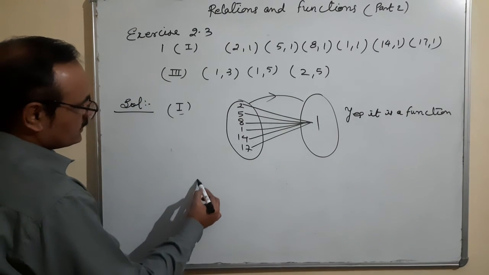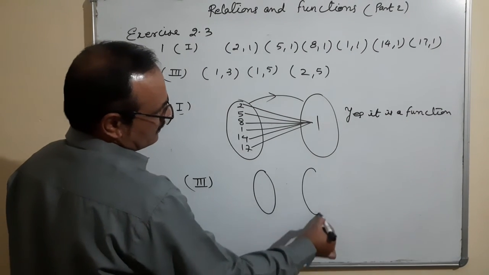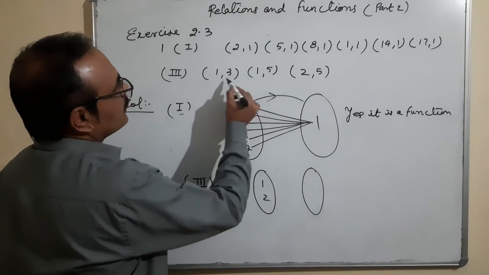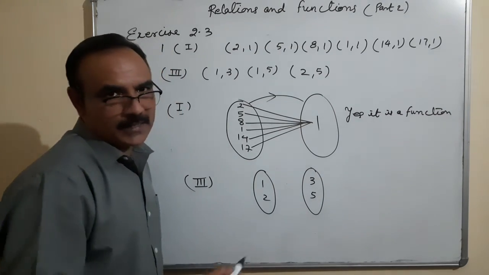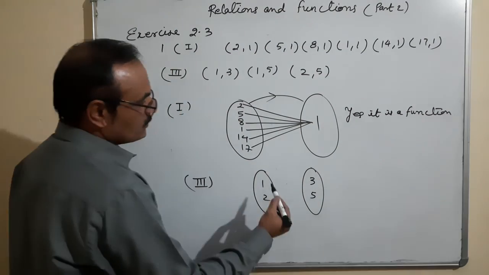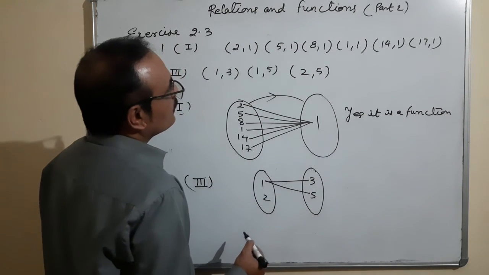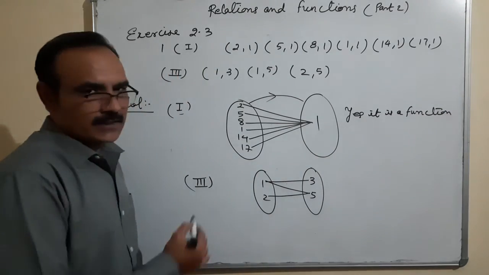Now look at the third one: 1 related to 3, 1 related to 5, 2 related to 5. The domain is 1, 2 and the range is 3 and 5, because you know that in a set we don't repeat any element. Is this relation a function?